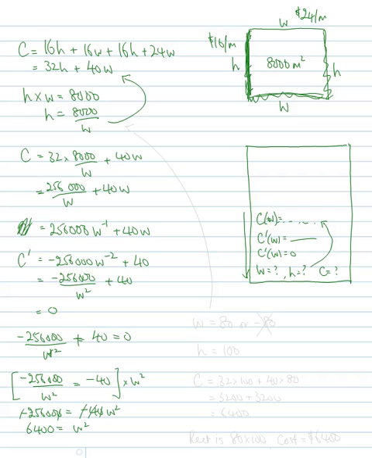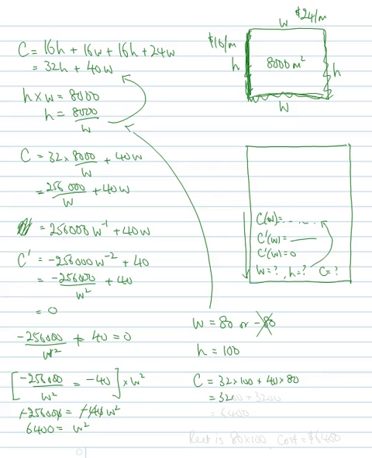Okay, so we get W equals, okay, that's a nice easy number, 80 or minus 80. Now we can eliminate minus 80 because it's the side of a rectangle, so it can't be negative. And that means H, let's substitute that back into here, is 100. And then the cost, substitute back into here: 32 times 100 plus 40 times 80.